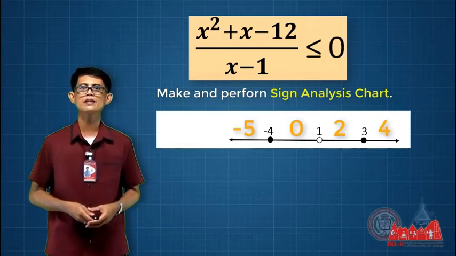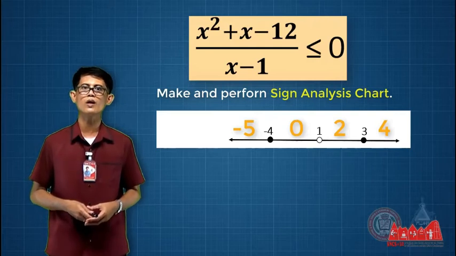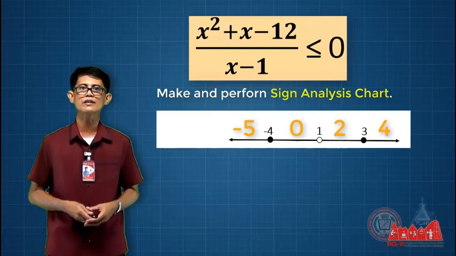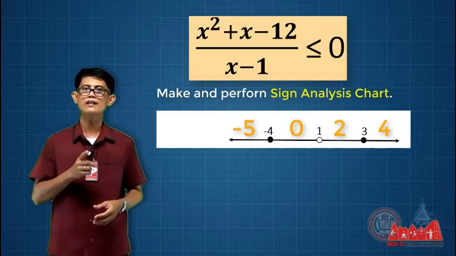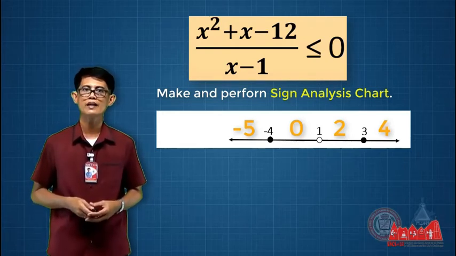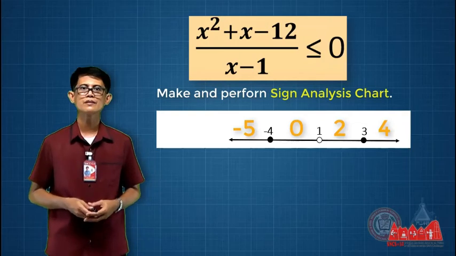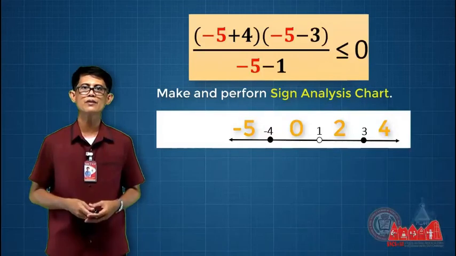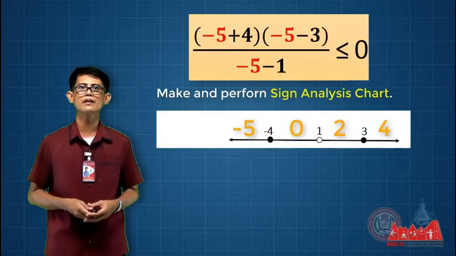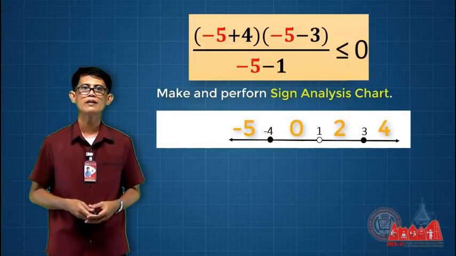These chosen integers will be substituted into our rational expression one at a time to get the sign of the answer. We are not particular here with the value of the answer. Only the sign is needed. That is why it is called the sign analysis chart. Substituting negative 5 for all x in our expression: (negative 5 plus 4) times (negative 5 minus 3) divided by (negative 5 minus 1).